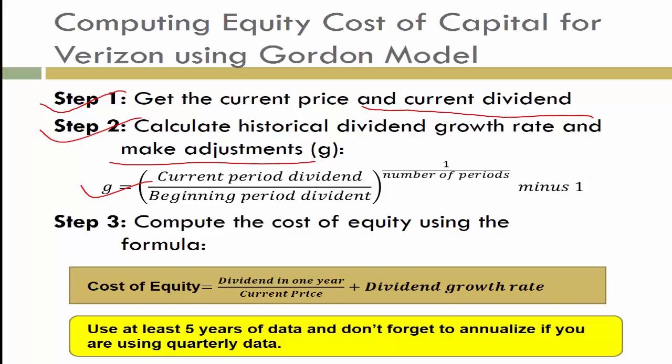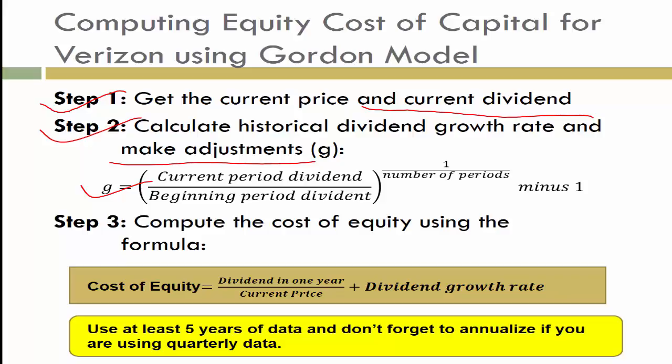Remember, we are trying to compute the cost of equity, and it is a forward-looking concept in the sense that you're trying to calculate how much it costs if the firm wants to issue new shares in the market or use its retained earnings to fund its expansion.